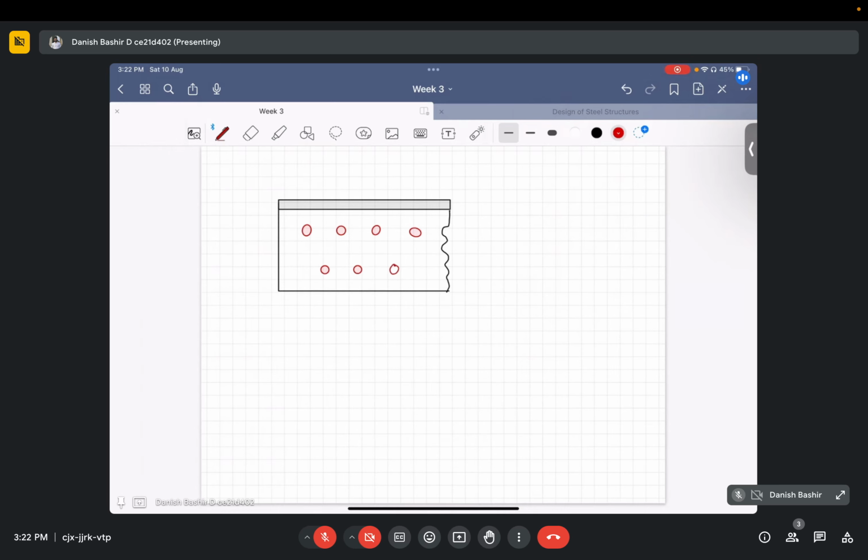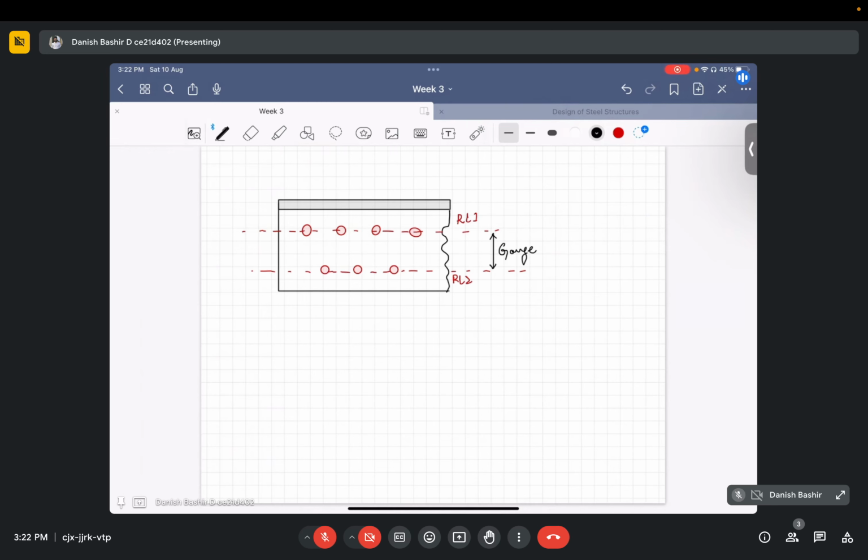So if I draw a line, this is rivet line one. This is rivet line two. So the distance between the two rivet lines is known as gauge.